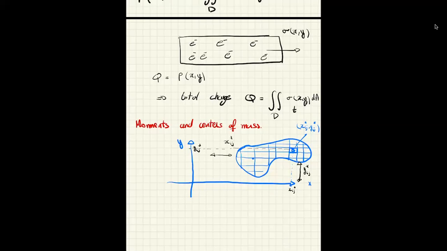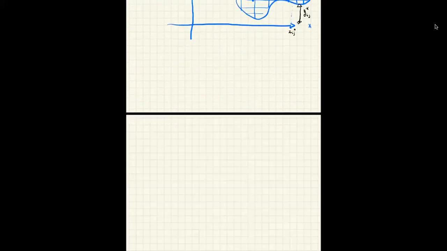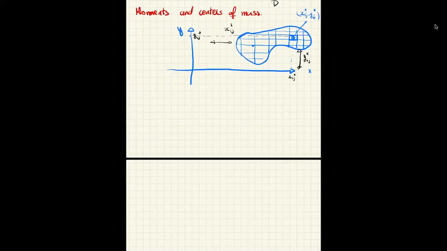So let me consider the rectangle R_ij. This rectangle looks like a point.